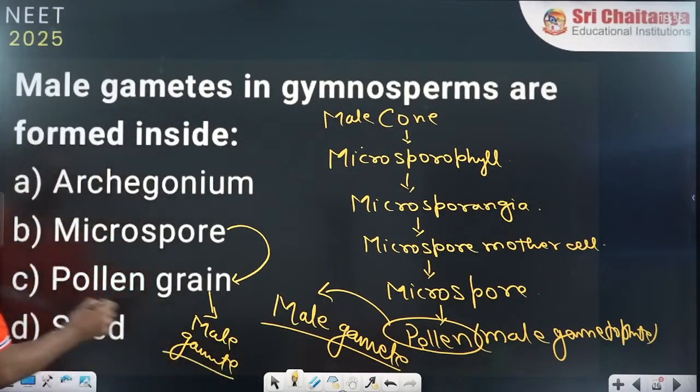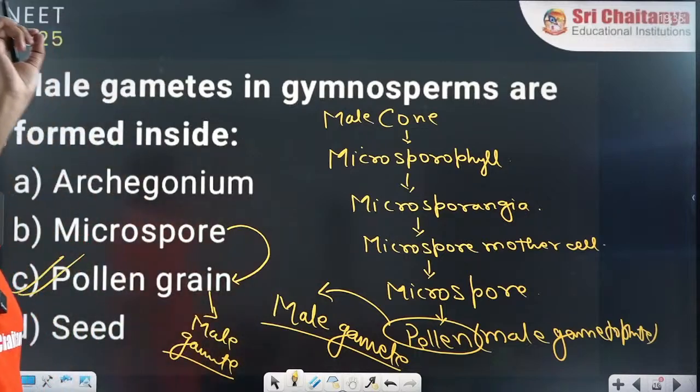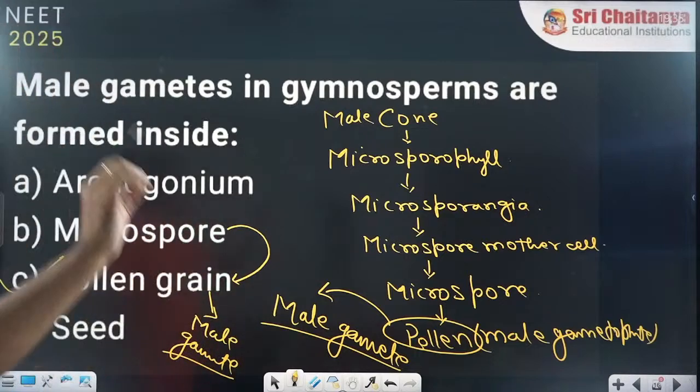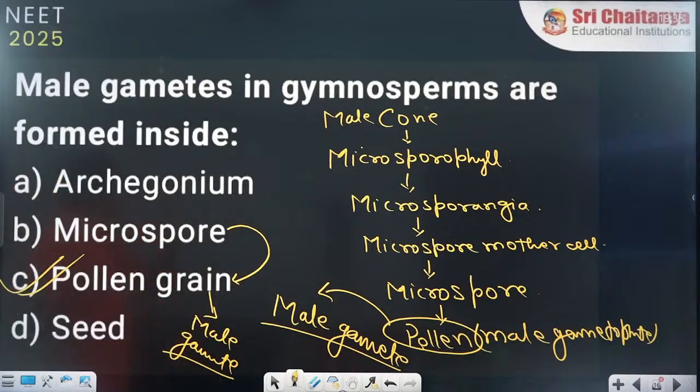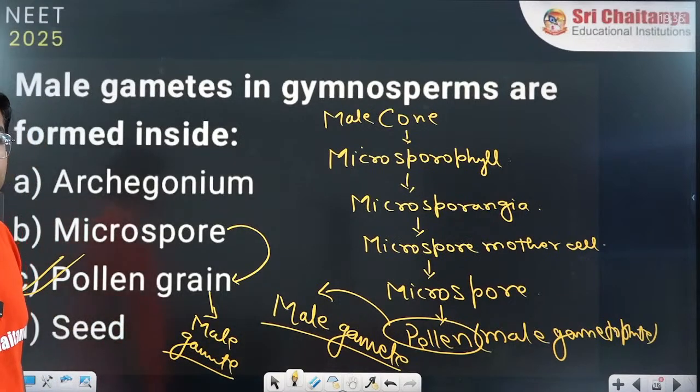So the correct answer will be C. All of you understand that the microspore will form the male gametophyte, which is pollen grain, and this pollen grain will have male gamete.